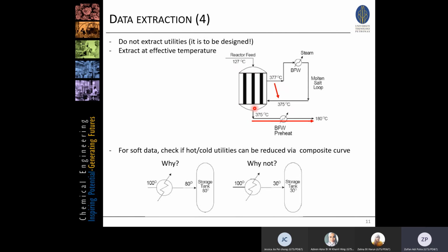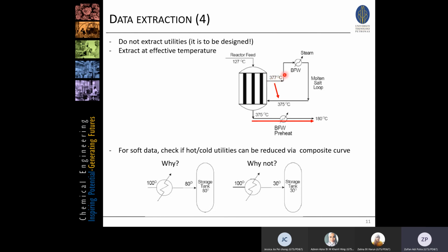The reactants have an exothermic reaction, from 127 to 3075 degrees C, and it's being cooled down by this molten salt. So this molten salt is coming at 375 degrees C, and then somehow it ends up at 377 degrees C. We need to ask ourselves, is this really true or not?